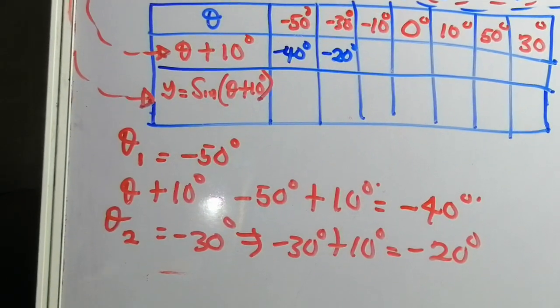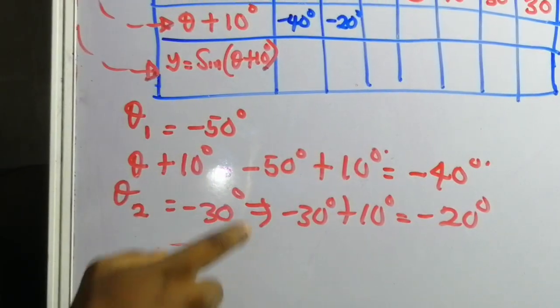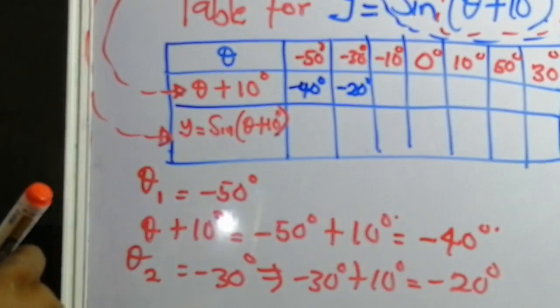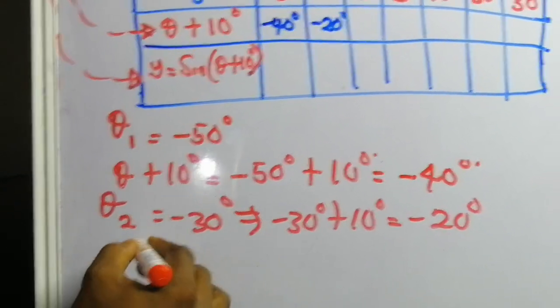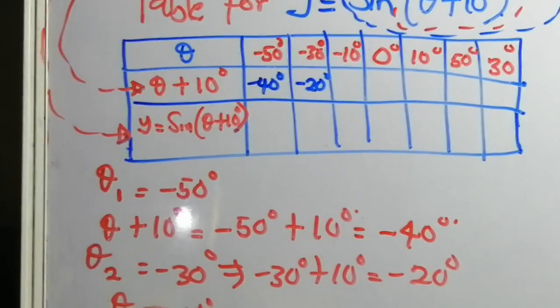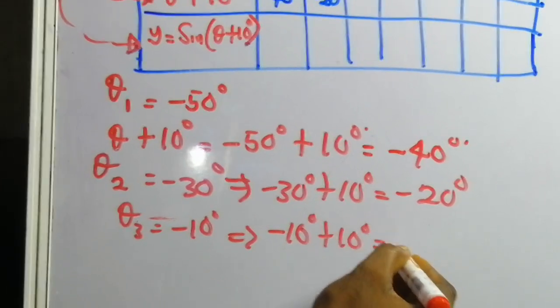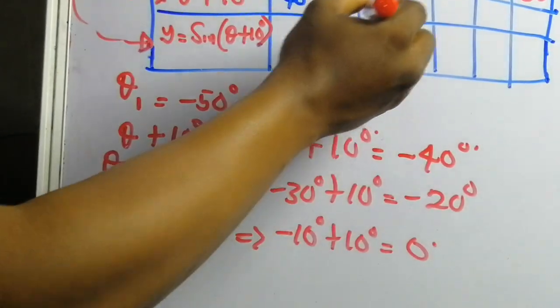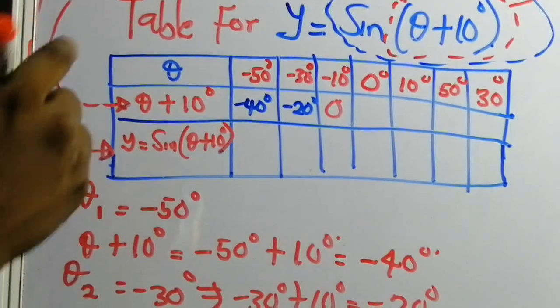The same thing applies, follow the same method. I'm only doing this for you to see how you will get the values in the table. When theta 3 is minus 10 degree, you have minus 10 degree plus 10 degree, that is 0. Okay, the answer there is 0.